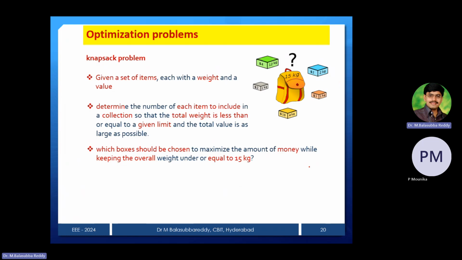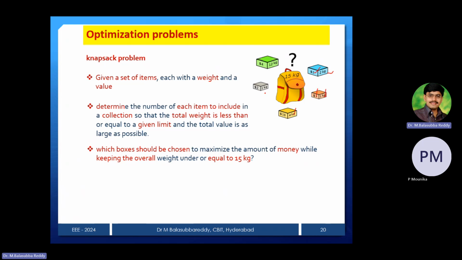And another problem you can see is the knapsack problem. In that, we need to fill a bag with these weights. Given a set of items, each with a weight and a value, suppose you can see 2 kgs and $2, and 1 kg and $1.